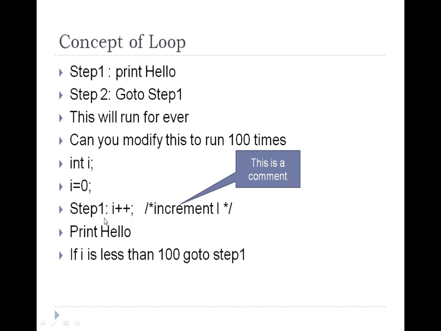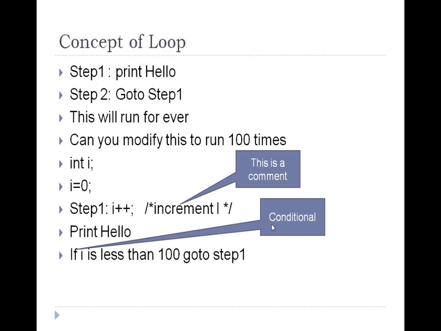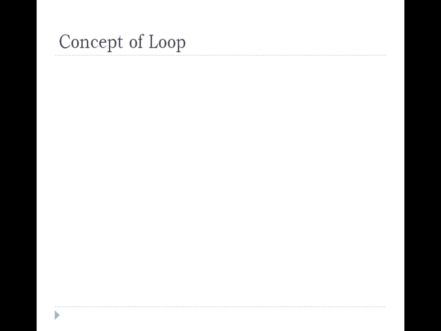It keeps on moving until I becomes 100, and when the program reaches here, if I is less than 100, no, I is not less than 100, it is actually equal to 100, so we do not go back to step 1. And you can see this is a condition. We go to step 1 on a condition, that's why we call it a conditional thing.